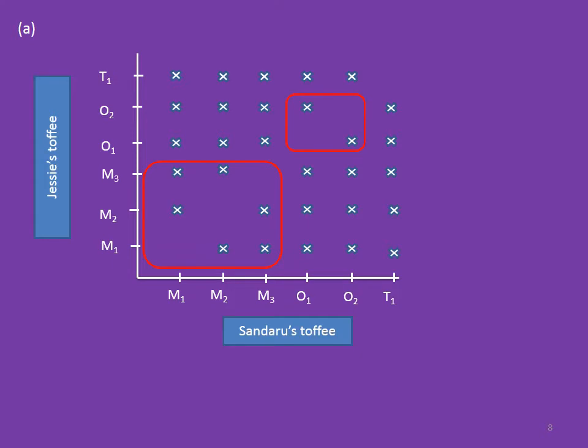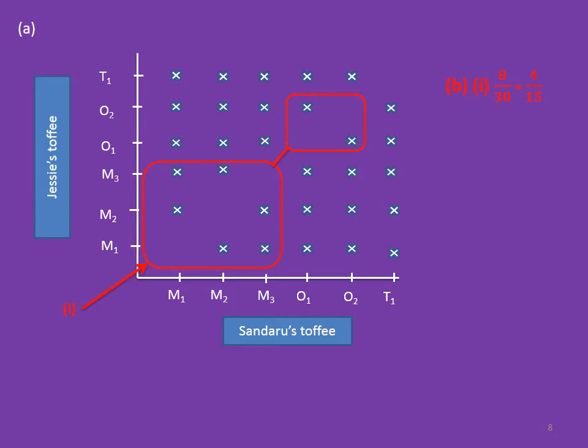Altogether, how many possibilities are there? 6 plus 2, 8. 8 out of 30. What is the sample space? 6 times 6, 36. 36 minus 6 is equal to 30. Then we get 8 out of 30, which is equal to 4 out of 15.